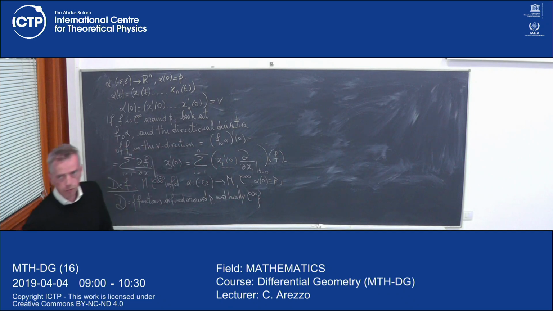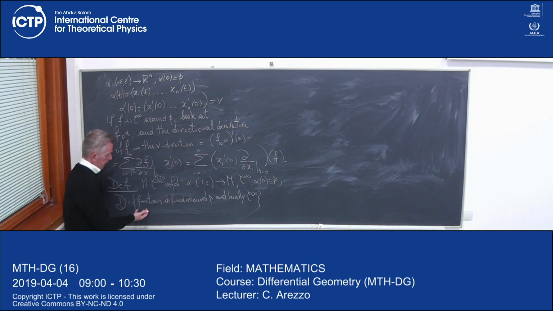The point is that I don't want to be even more precise because I really don't care how big is the domain of definition. It's enough for me that the objects here are defined on an open set which contains the point P. I don't care how small it is. As long as there is a little ball, I'm fine. Okay? And they are smooth on this ball.